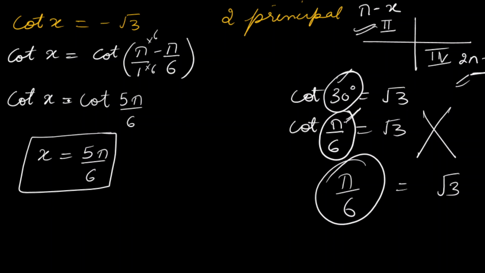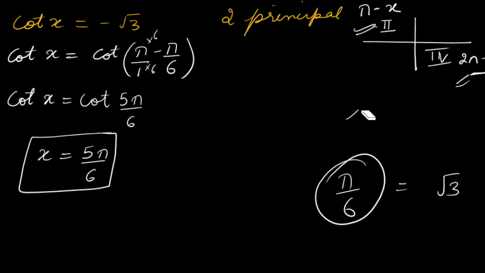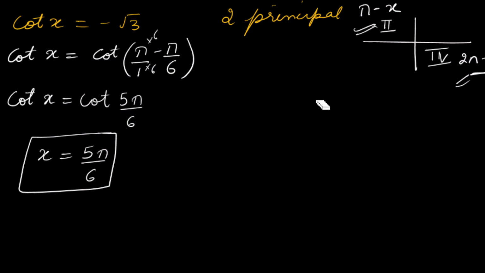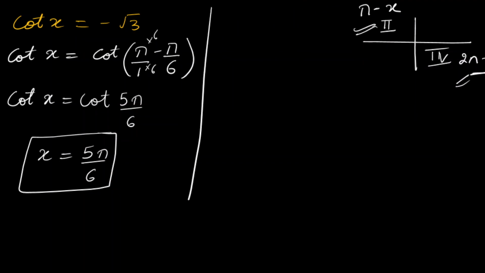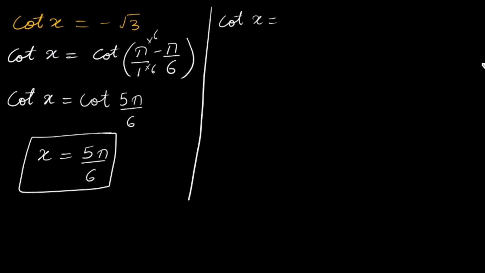Now as I've told you, two principal solutions we will get. The first one is of the second quadrant. The next one is of the fourth quadrant. In the same way, to solve for the principal solution of the fourth quadrant, we know how to write it: cot x equals cot of 2 pi minus x.